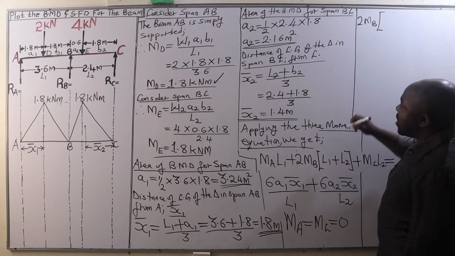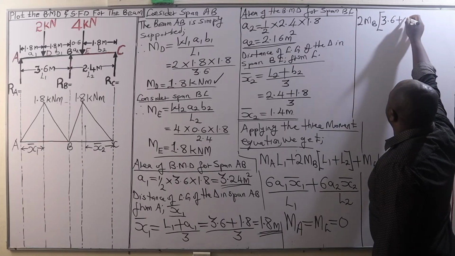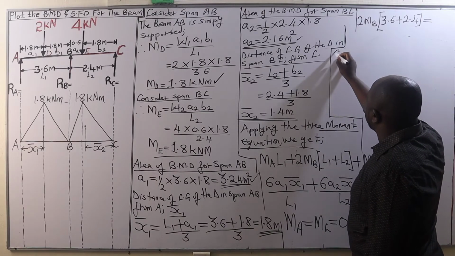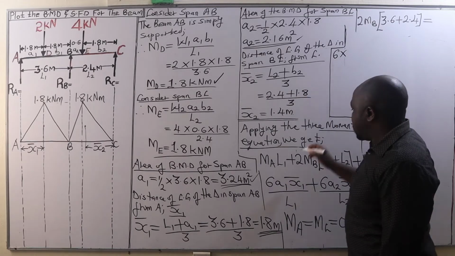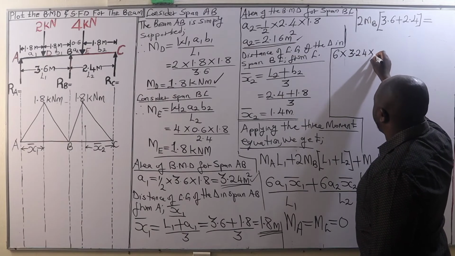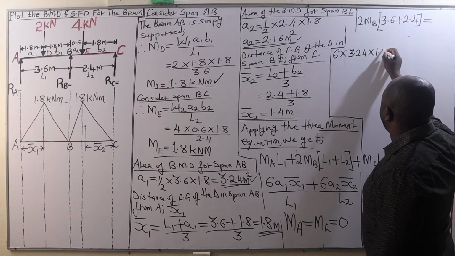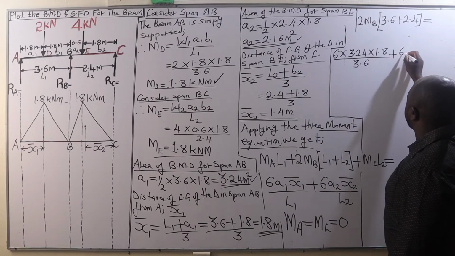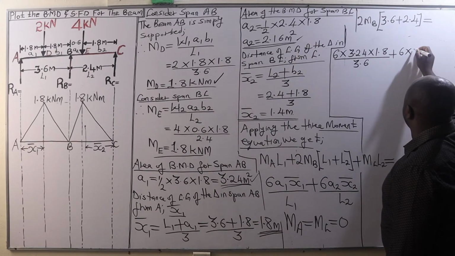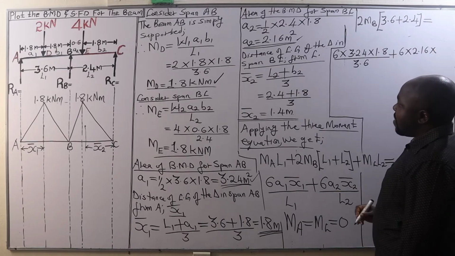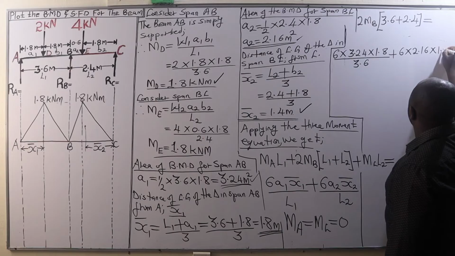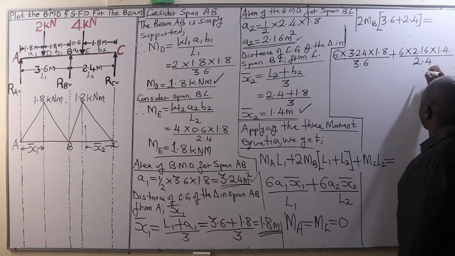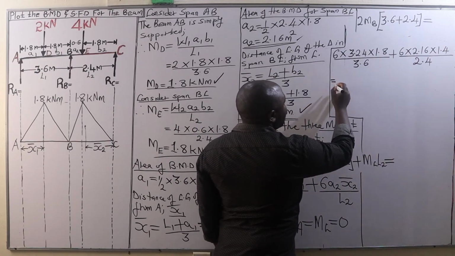into L1, which is 3.6 meters, plus L2, 2.4 meters, is equal to 6 multiplied by A1, which is 3.24 square meters, multiplied by bar x1, which is 1.8 meters, all over L1, which is 3.6 meters, plus 6 multiplied by A2, which is 2.16 square meters, multiplied by bar x2, which is 1.4 meters, divided by L2, which is 2.4 meters.